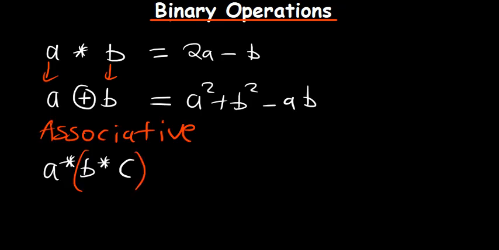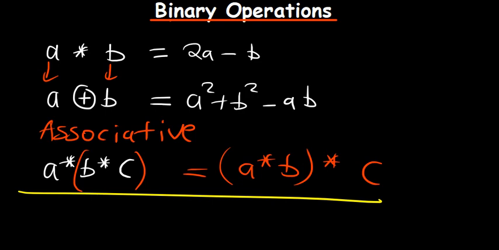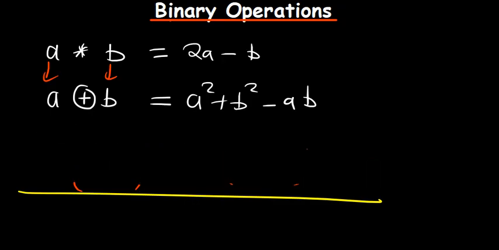If you start with B star C, or you decide to start with the first part A star B and then star C, does it affect the result? If they're going to be the same, then you're going to conclude, of course, it's going to be associative. That's associativeness.